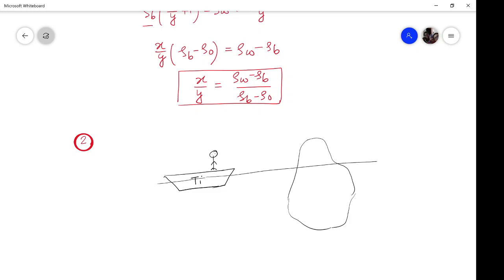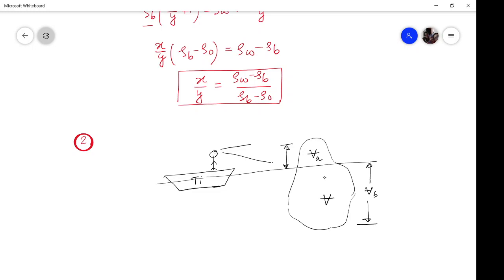So let us do this analysis. Let us say the total volume of the iceberg is V, and out of that, this much volume was visible to the person, so this is above, and this much volume is below.